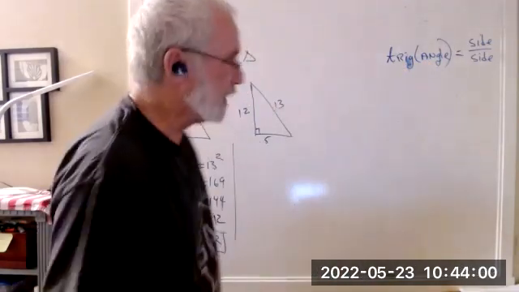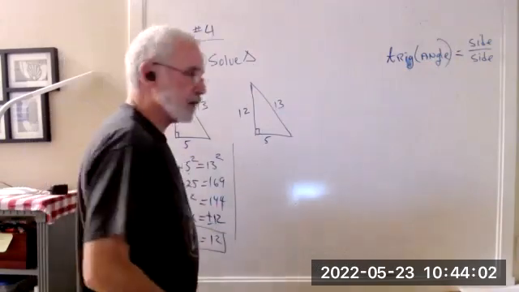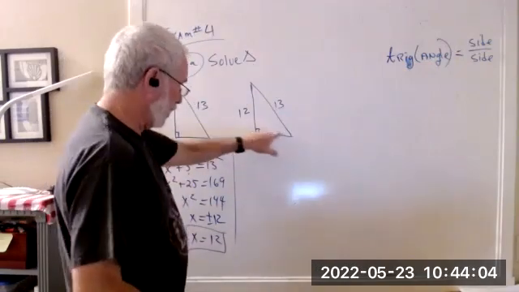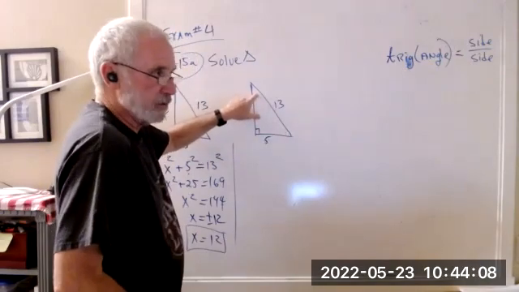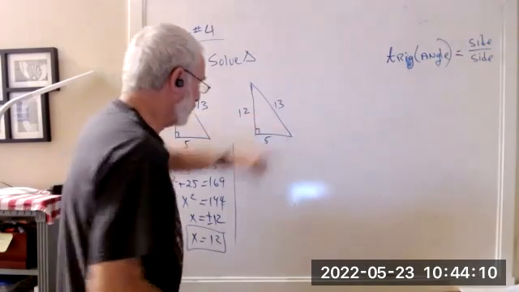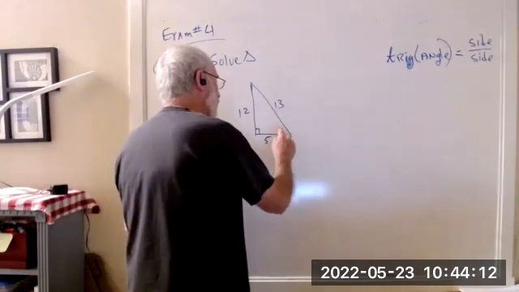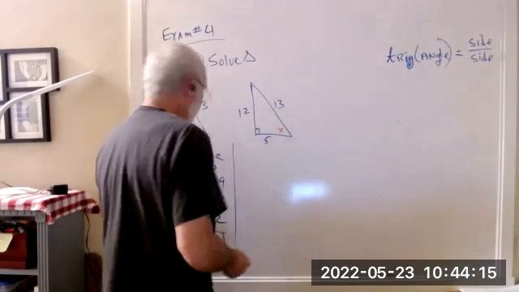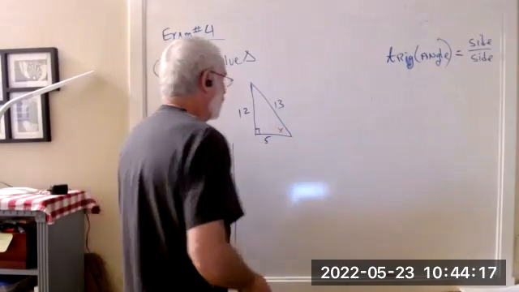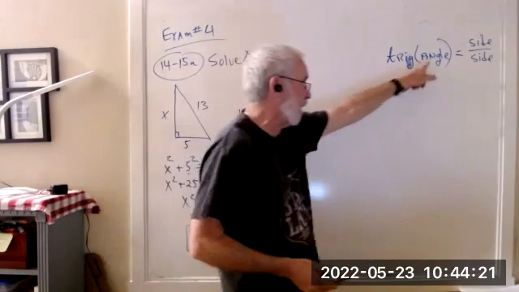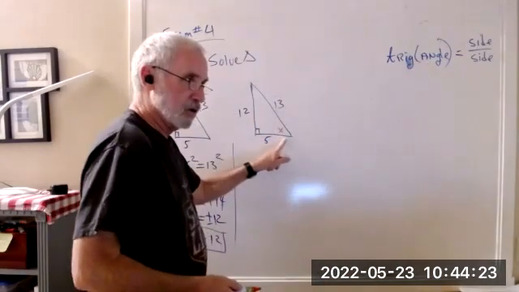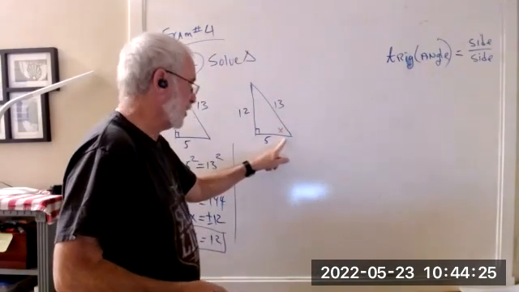So what we had to do is decide which angle I want to find first. Do I want to find this one down here or this one up here? It doesn't matter. Let's find this one down here. I have my angle X. What sides is it related to?